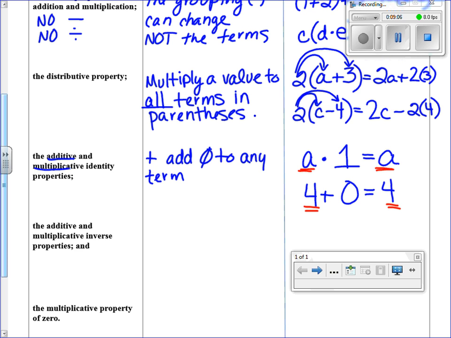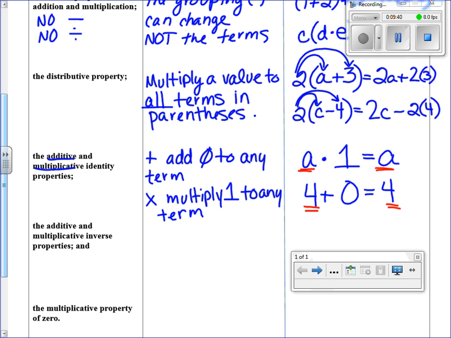And for multiplication, it says multiplicative, but we can say multiplication. For multiplicative, we want to multiply 1 to any term. And if you either add 0 or multiply 1, the number maintains its identity.